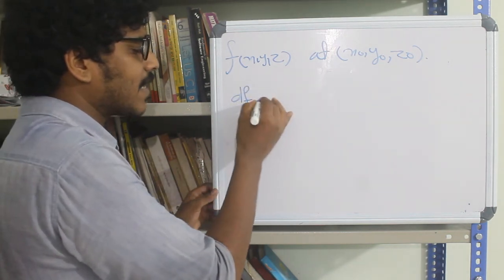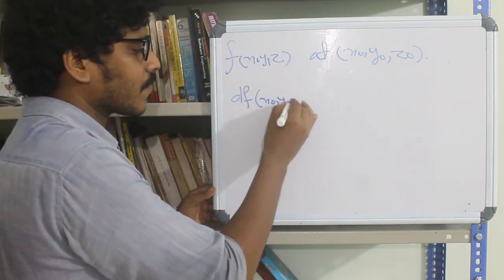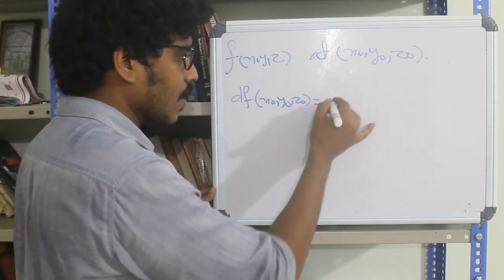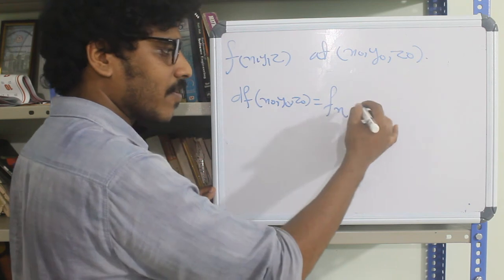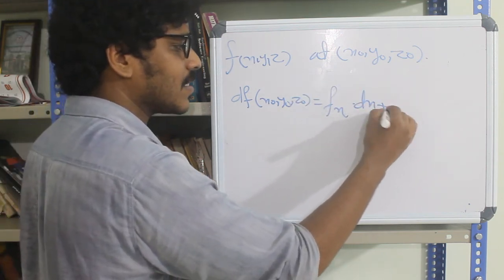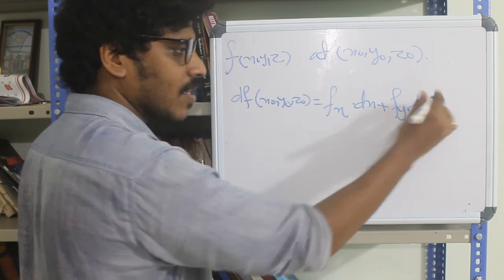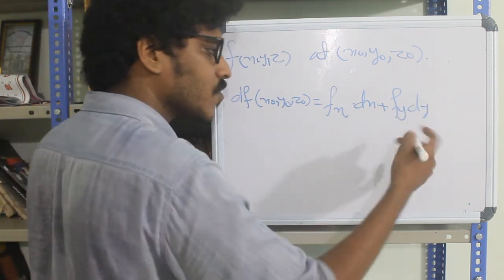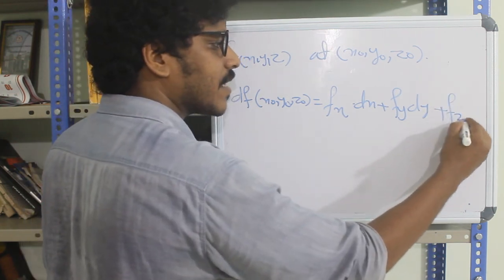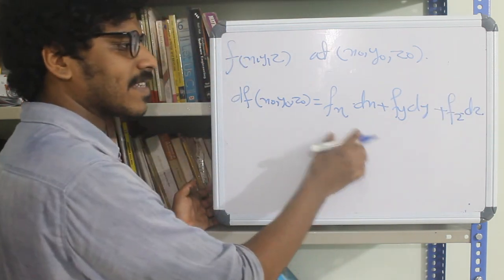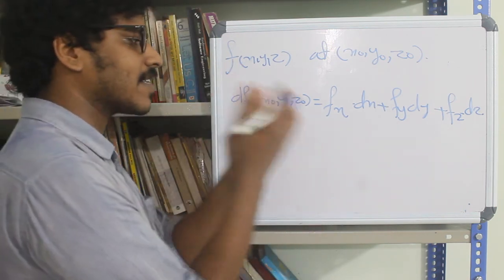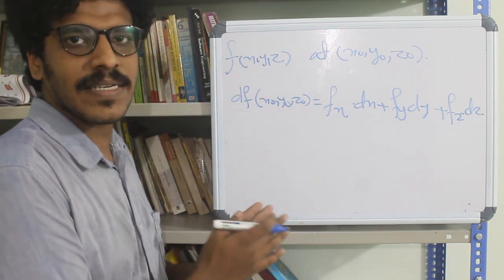So df at x naught, y naught, z naught is equal to fx into dx plus fy into dy. This was actually the expression for two variables. So here we have another variable, so another term will be included. So fz into dz. Actually these fx, fy and fz are evaluated at x naught, y naught, z naught. I haven't written it explicitly, but remember that.